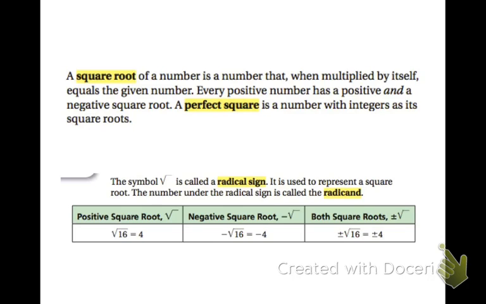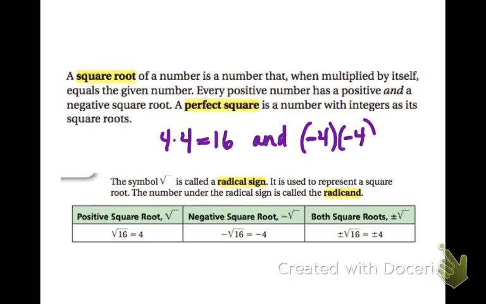Now, sometimes it's specified that we actually need -4 as the answer, because the square root of 16 has 2 roots. We know mathematically that 4 times 4 equals 16, and because of our integer rules, -4 times -4 also equals a positive 16.